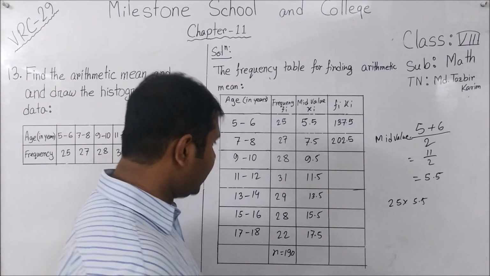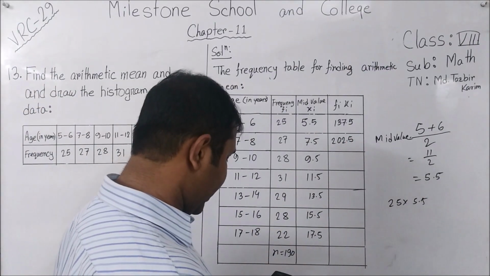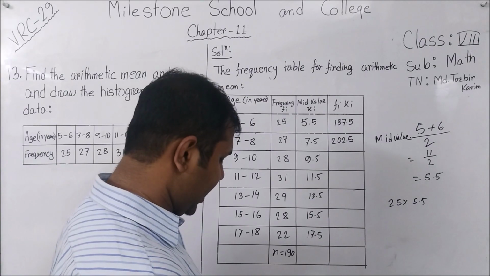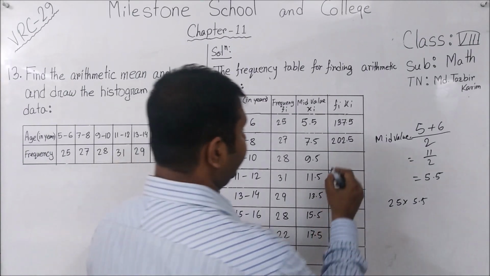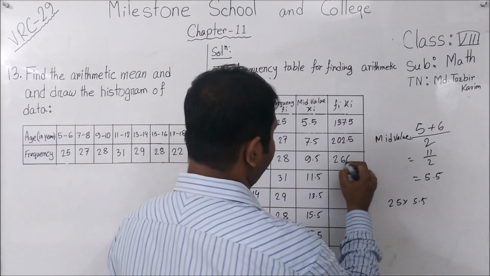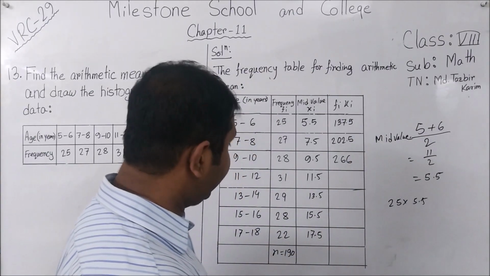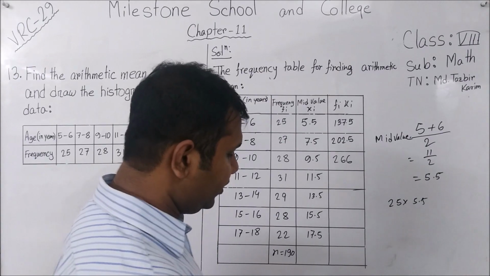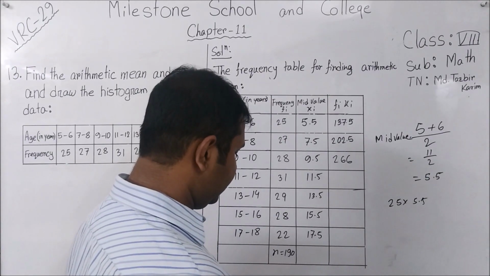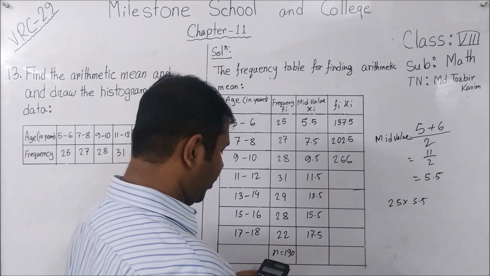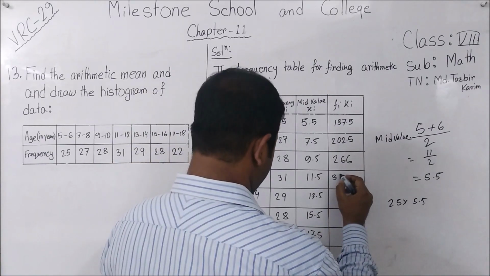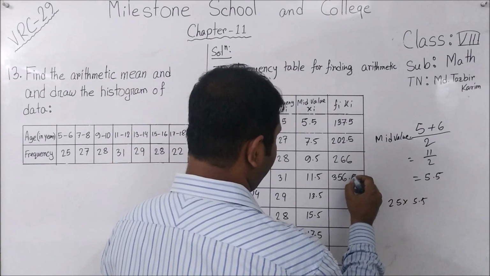Next number is how much? Next number is 28 multiply 9.5, and that is 266. Then next number is 31 multiply 11.5, that is 356.5.